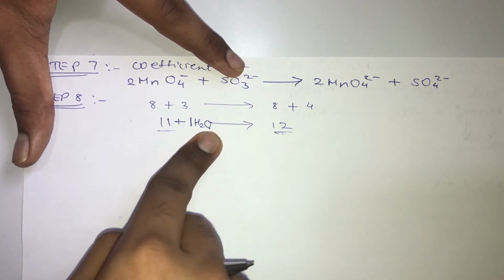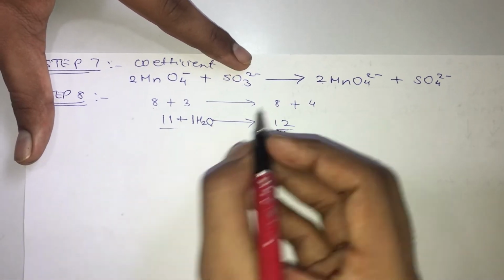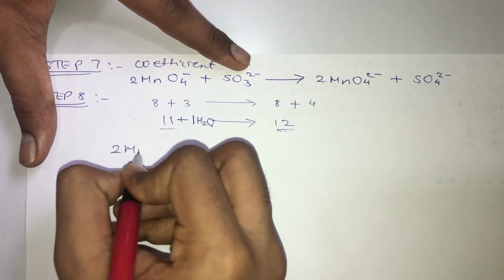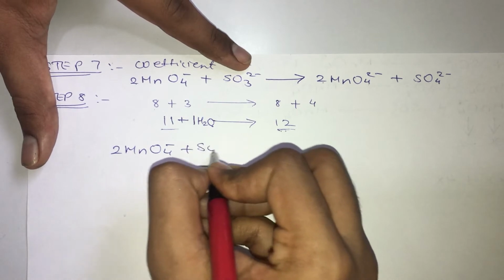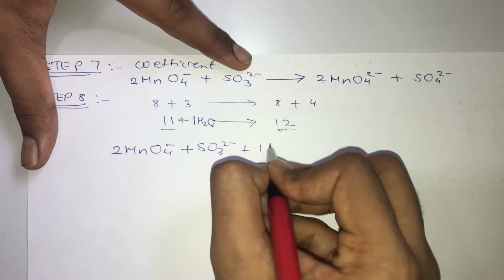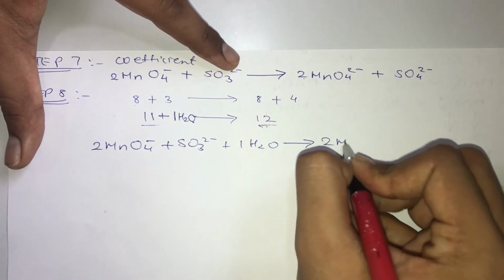Instead you are going to add it in the form of H2O. So let's add H2O to this equation. Plus SO3 2- plus this 1 H2O. Okay, and the right hand side as it is.